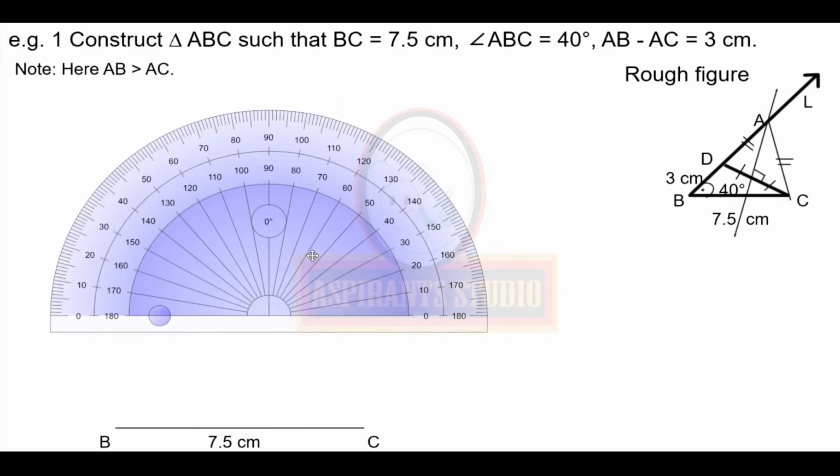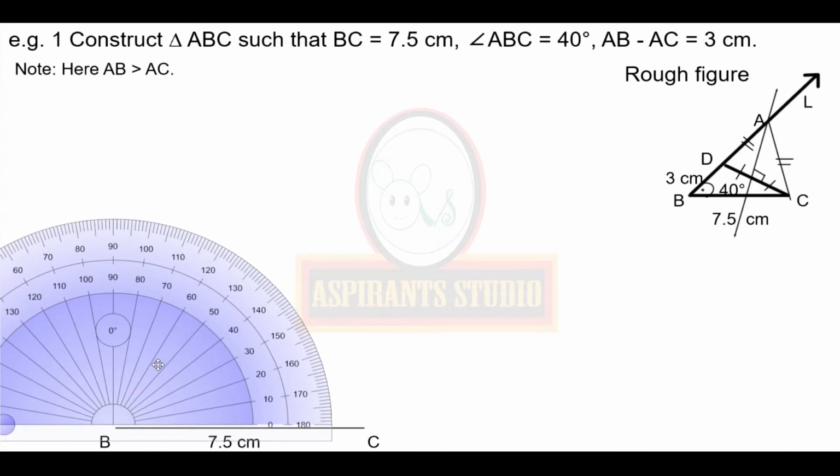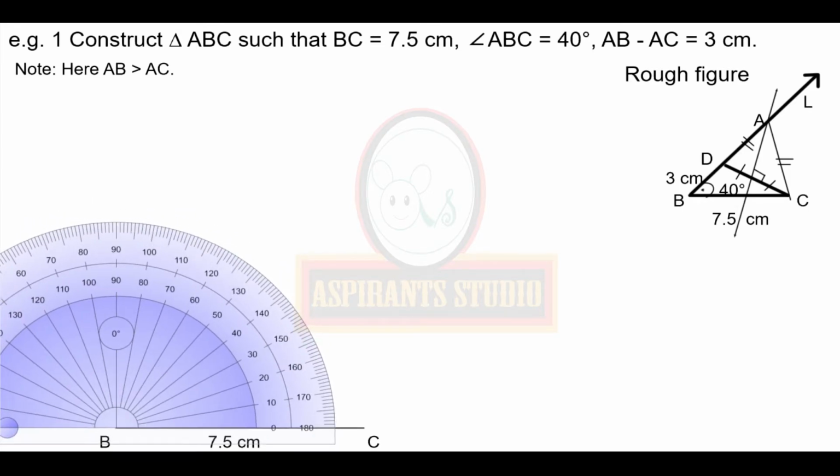Now, the point D lies between B and A, and BD is equal to AB minus AD. We have taken AB minus AD as BD, that is equal to 3.